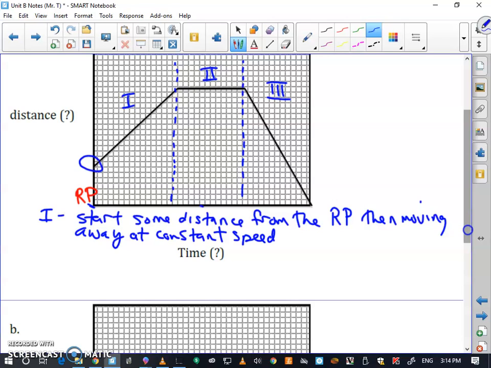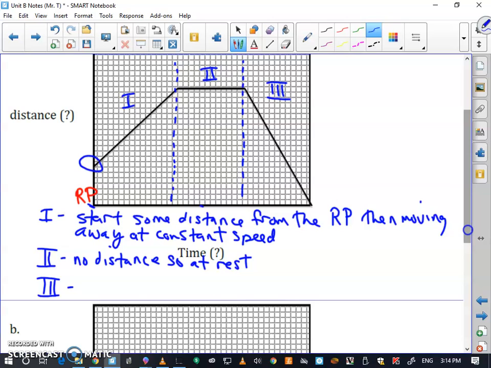Okay, and then take a look at part two here. We talked about this last slide, so you probably understand the fact that there's no motion, you're not moving any distance, so at rest, okay? And then part three, here you notice the slope is down, is in fact a negative slope, and you're moving back to the reference point at a higher rate of speed.